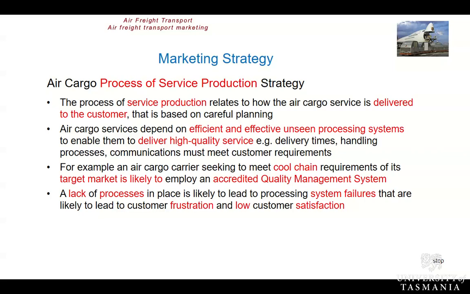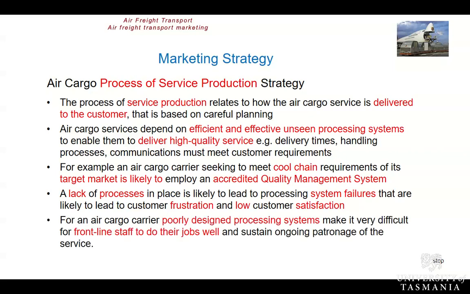When one of those steps falls over, it's obviously going to lead to some level of frustration from the customer, and it's quite likely to result in perhaps low patronage and low customer satisfaction.